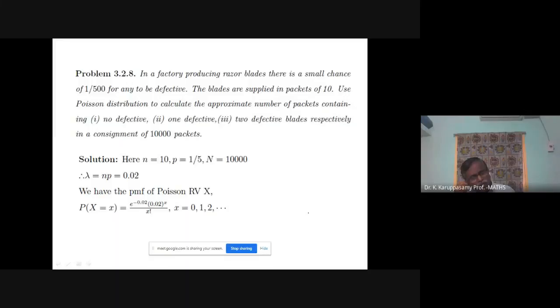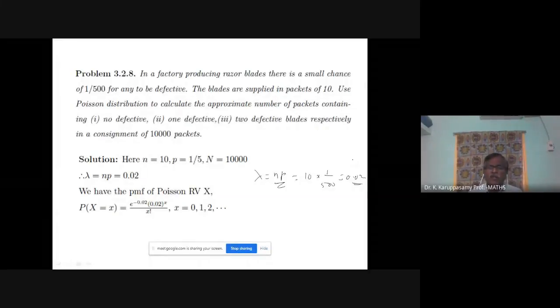Here, for using Poisson distribution, we need lambda. Binomial distribution is the limiting case of Poisson. In that explanation, we have lambda equal to np. n equal to 10, p equal to 1 by 500. Simplified, 10 divided by 500 is 0.02, so lambda is 0.02. Now the lambda value is ready.